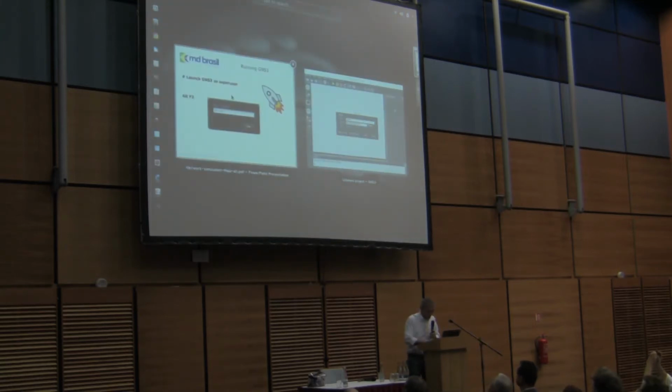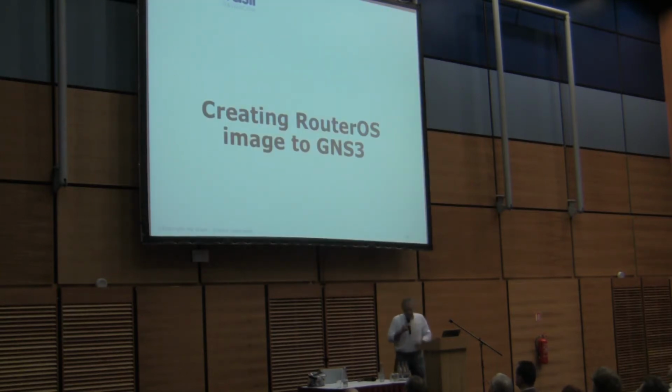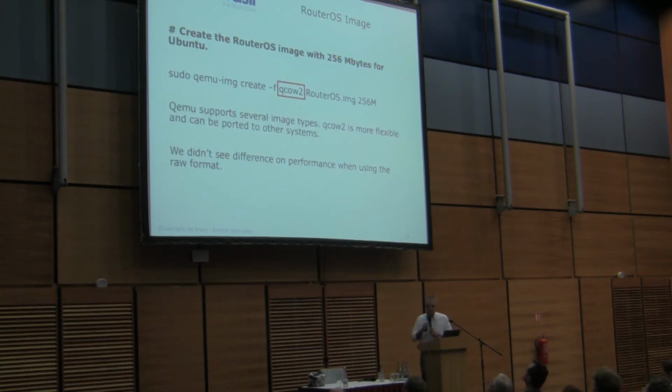So back to the presentation. The step now is to create the router OS image for GNS3. You have to create an image. The Kiko emulator supports a lot of types of images, and the preferred image is this one, called qcow2, because it is more portable and it saves space.